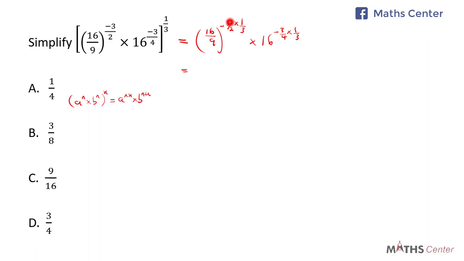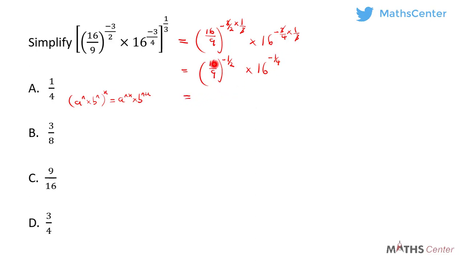So when you do this, you see that 3 and 3 will cancel, 3 and 3 will cancel, and so you'll be left with 16 divided by 9 exponent negative 1 divided by 2 times 16 exponent negative 1 divided by 4.